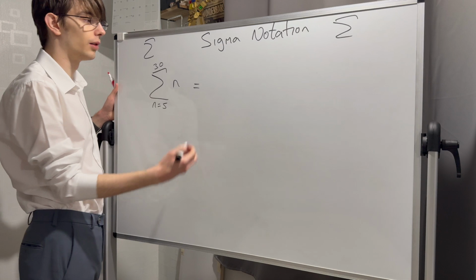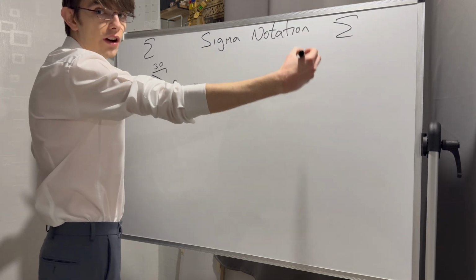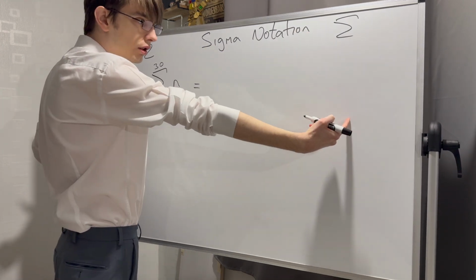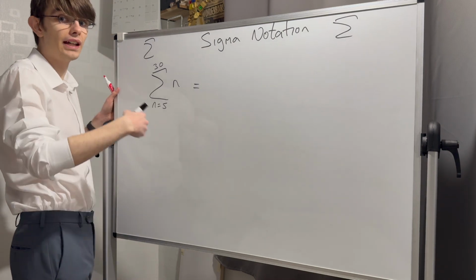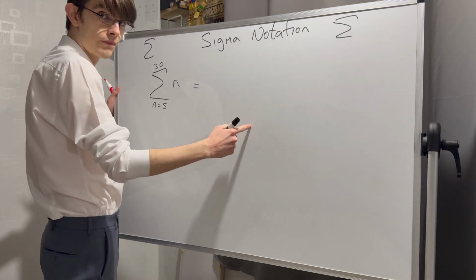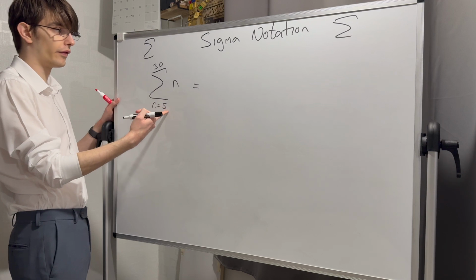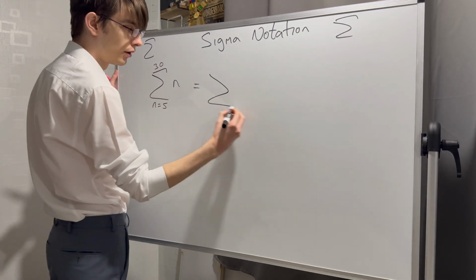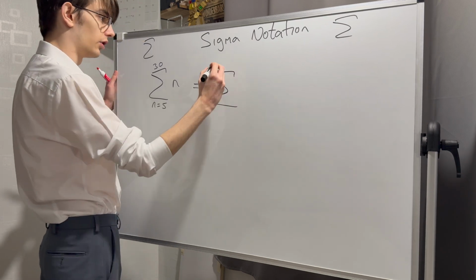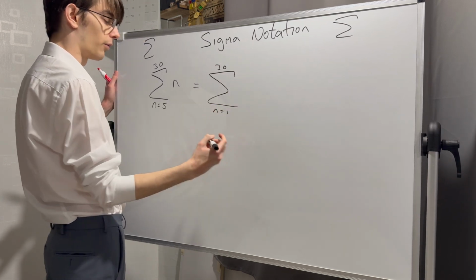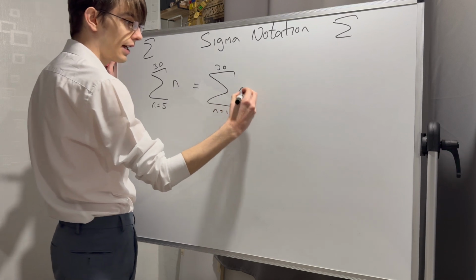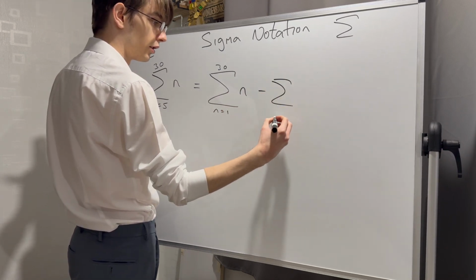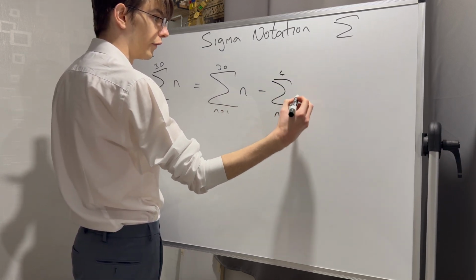If I wanted to add up 1 plus 2 plus 3 plus 4 plus 5 plus 6 all the way to 30, and then take away 1 plus 2 plus 3 plus 4, I would get the sum from 5 to 30. So I can split up this sum into the sum from n is 1 to 30 of n minus the sum from n is 1 to 4 of n.